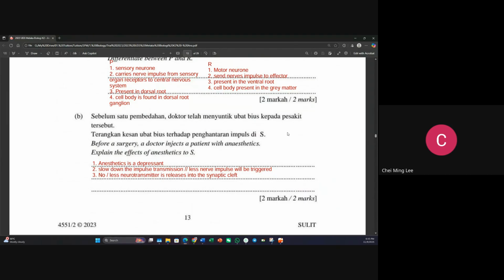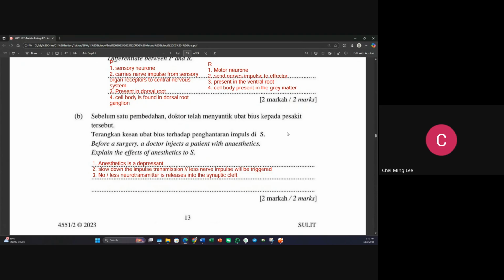Okay, so that you can slow down the impulse, or we call it nerve transmission, or less nerve impulse will be triggered. Then less or no neurotransmitter will be released into the synaptic cleft. So this is why normally they inject between the bones, because during an operation when they cut your body organ it will create a pain sensation.